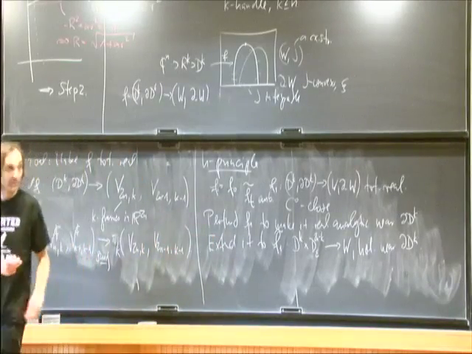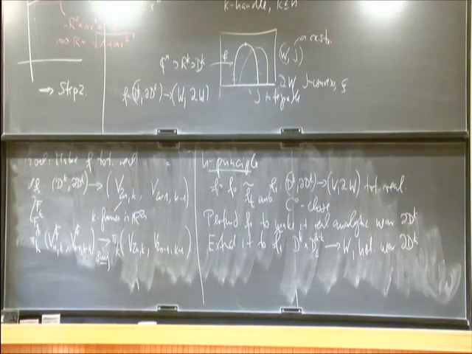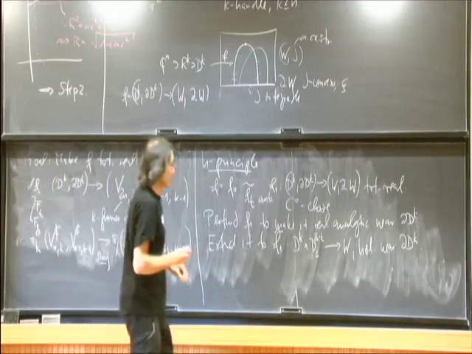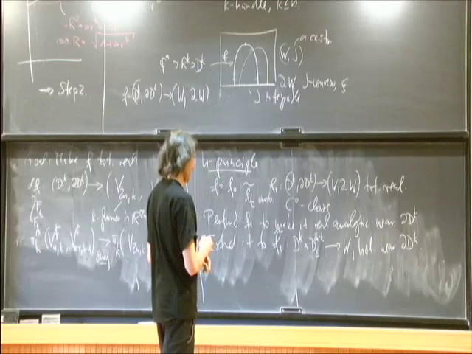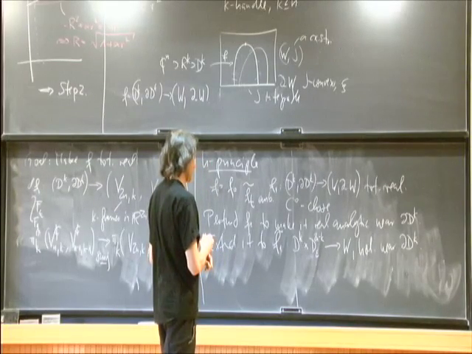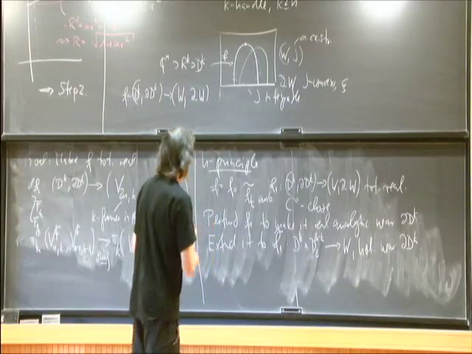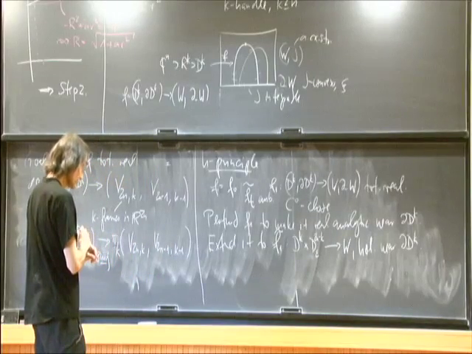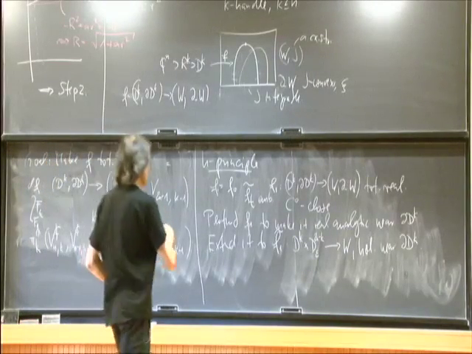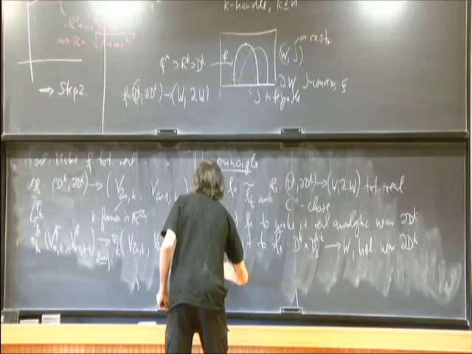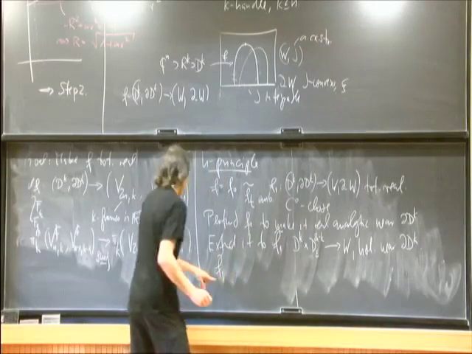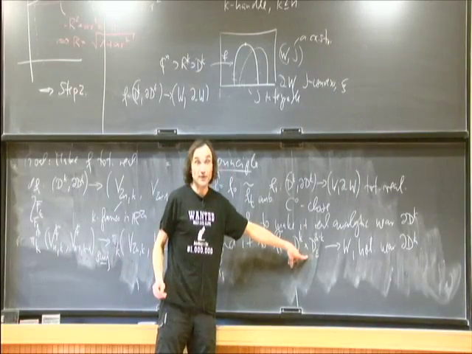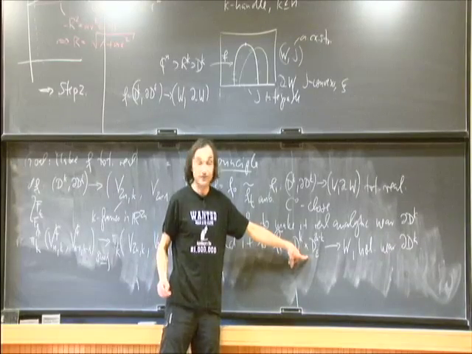Okay, and so now we push forward. Now here we have a complex structure. This is a subset of C^n.